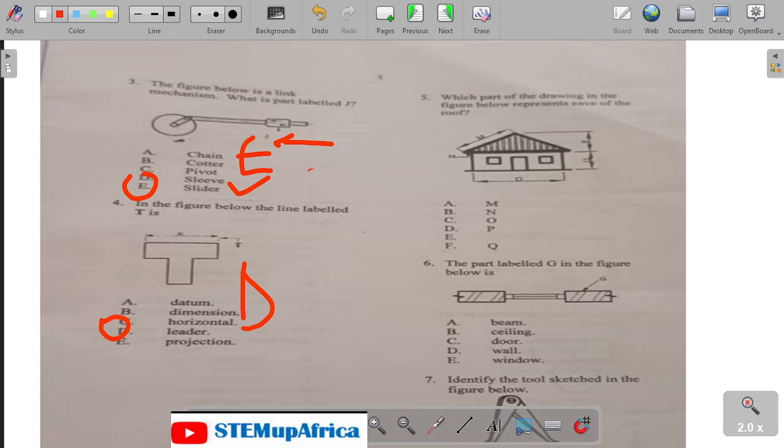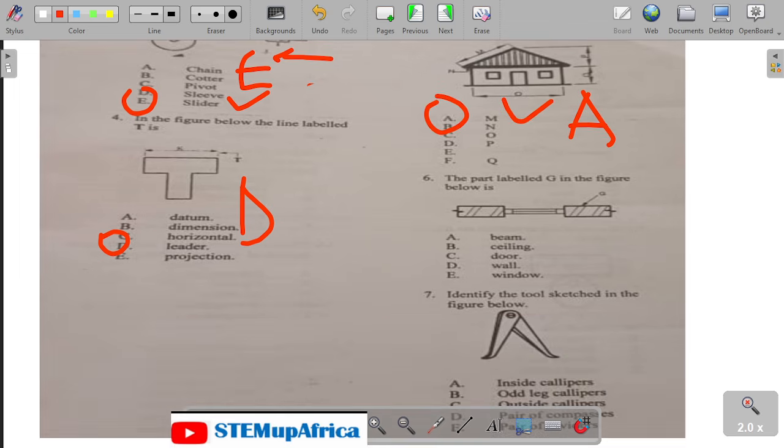Which part of the drawing in the figure below represents curves in the roof? That is point M, which is A.